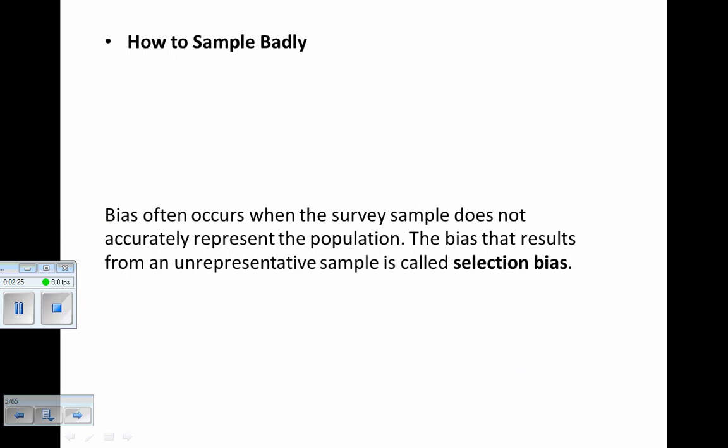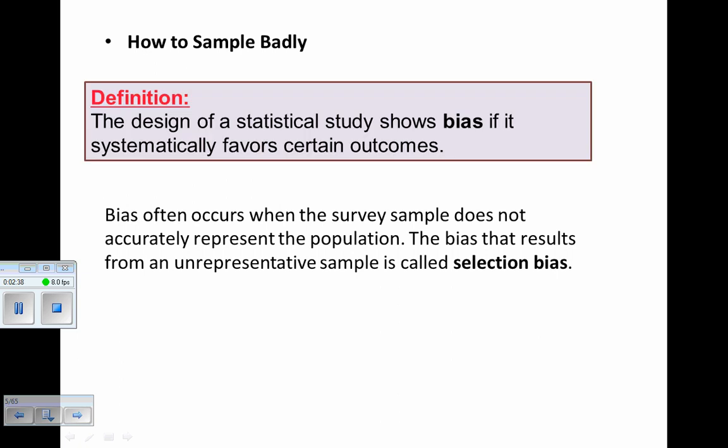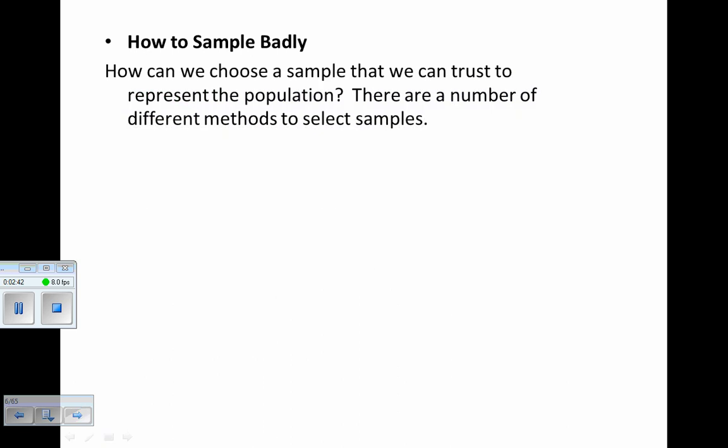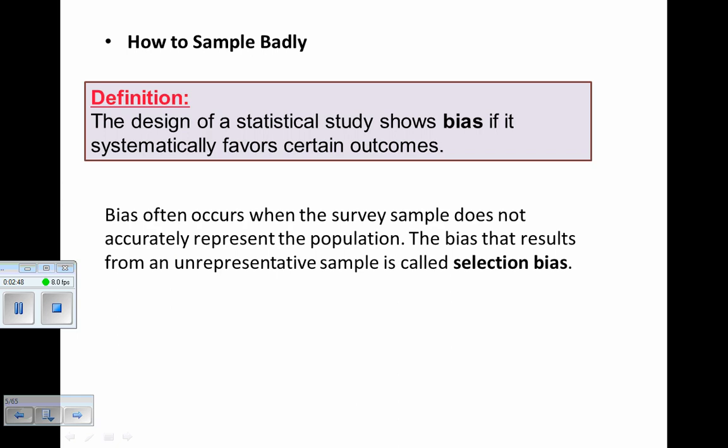And step 3, decide how to choose the sample. Okay, how to sample badly. Bias can occur when the survey sample does not accurately represent the population. So the bias that results from an unrepresented sample is called selection bias. So selection bias can be unrepresentative.